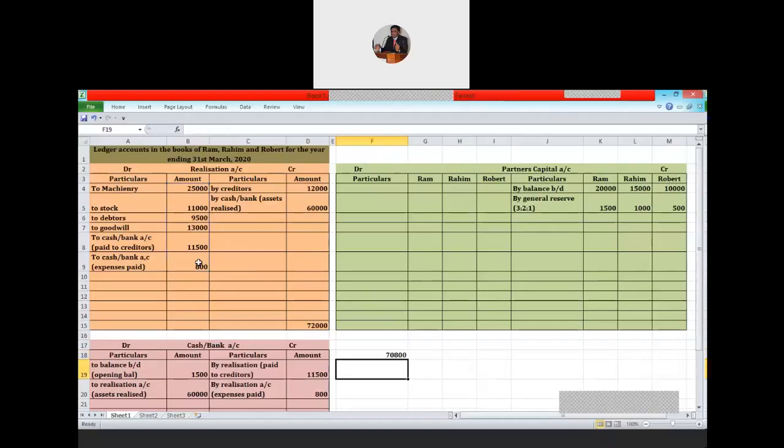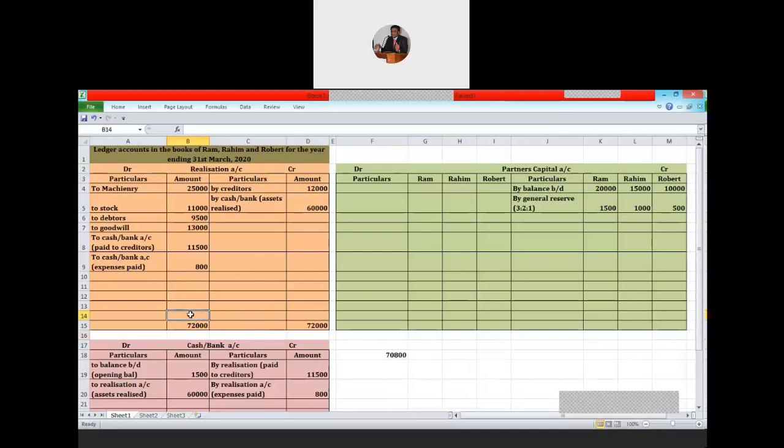Let us check the debit side balance. On observation, the debit side of realization account is less. So it indicates it is profit on account of dissolution.